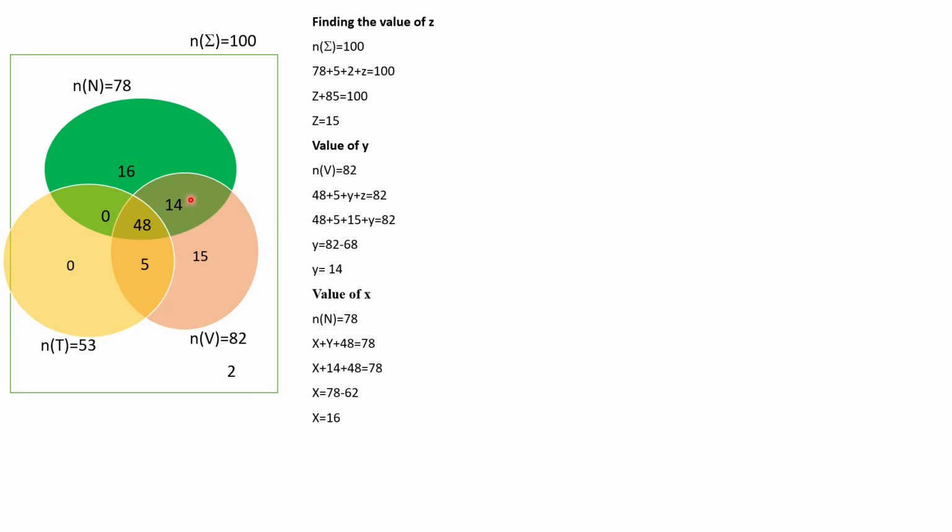Then the whole of this is 62, 62 plus 20, I get 82. And then the whole of this is 53, and then 2. Finally you add everything and see whether you get 100. I see our answers are right.